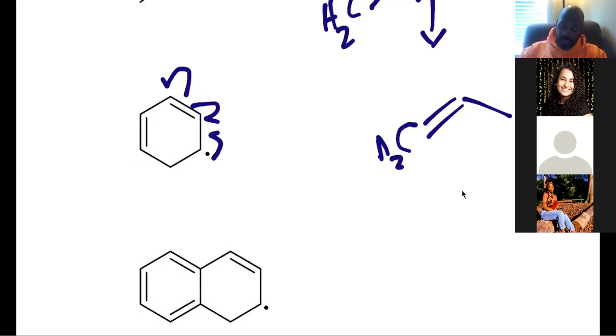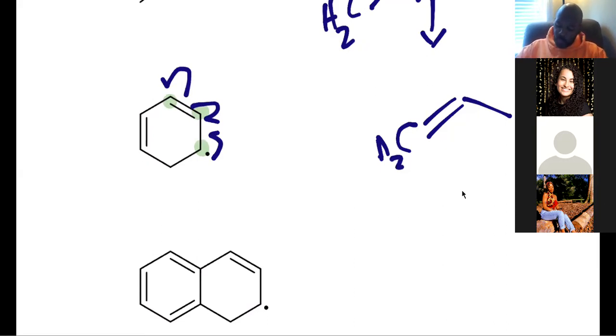Keep in mind, it's these three carbons right here, here, here, and here. Those are the three carbons that are seeing each other. That's the allylic system that has the radical, so that's what we're working with.